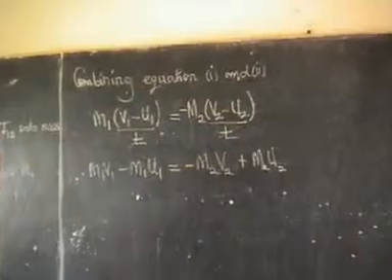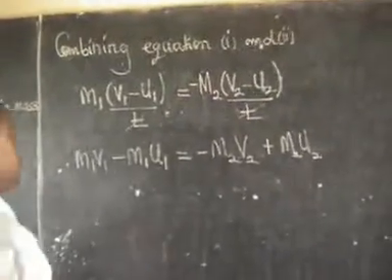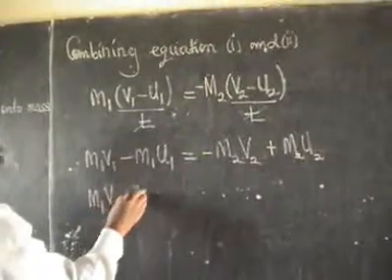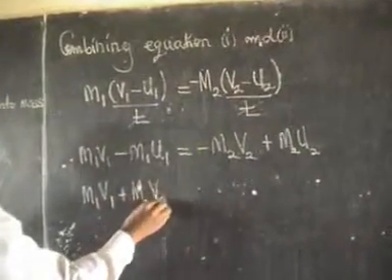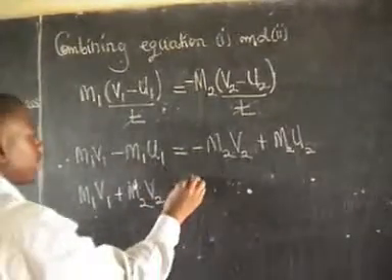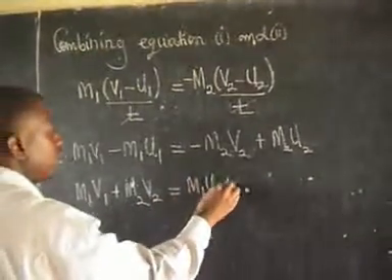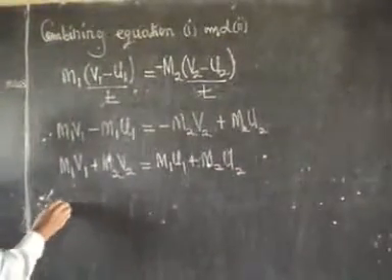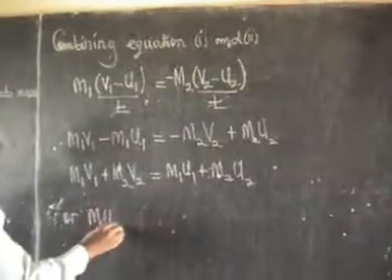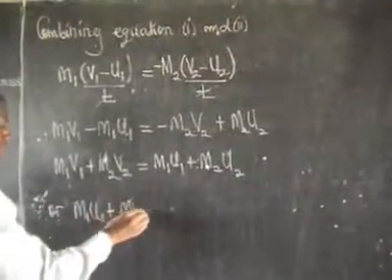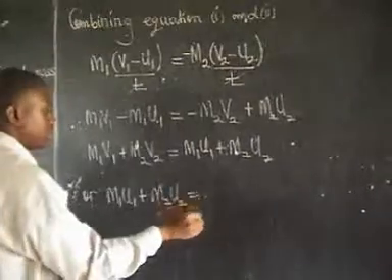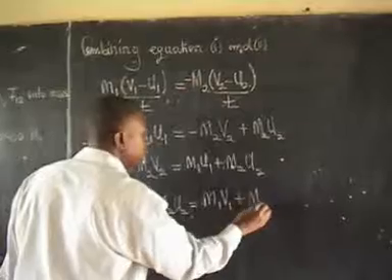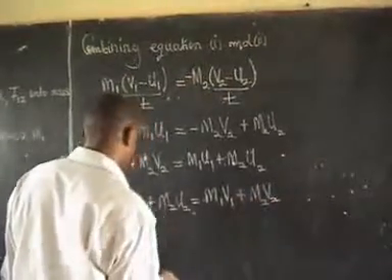Rearranging, M1 U1 plus M2 U2 is equal to M1 V1 plus M2 V2.